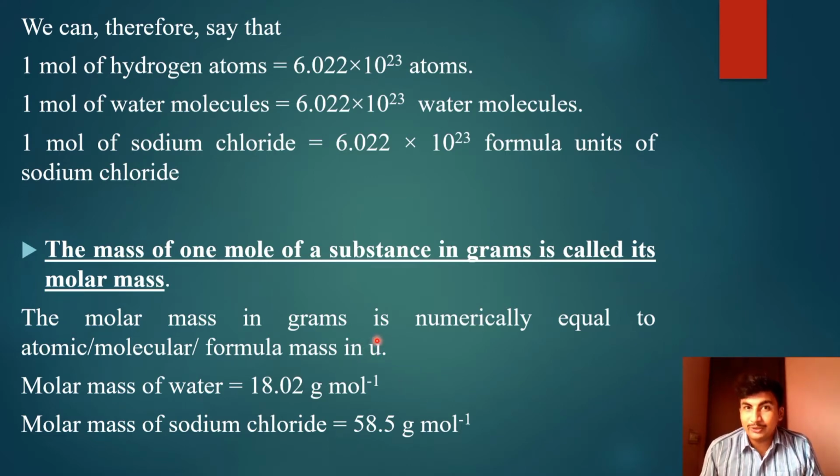So the molar mass of water is 18.02 gram per mole. The molar mass of sodium chloride is 58.5 gram per mole. In the previous class we studied this as formula mass, right? So the molar mass of water is 18.01 or 18.02 gram per mole. Understand?